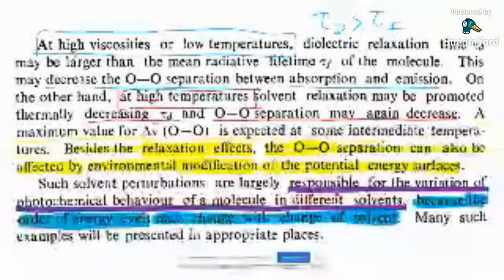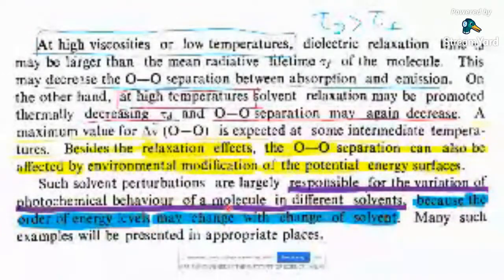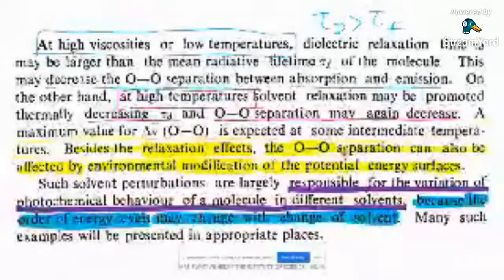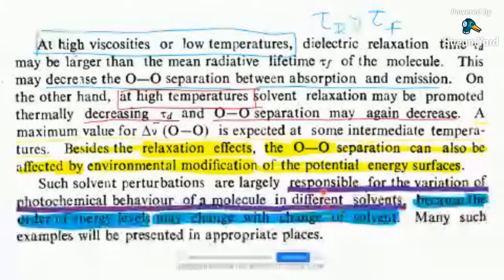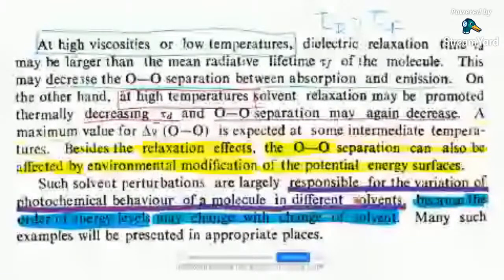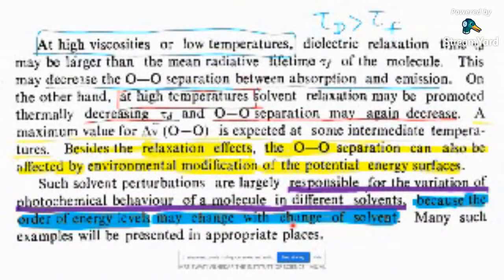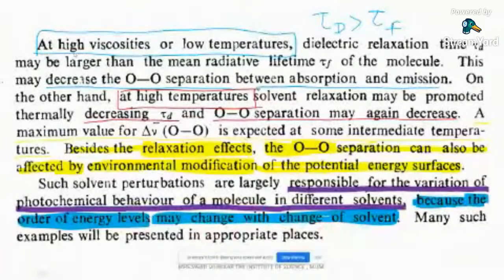So rather than the temperature factors, these are largely responsible for the variation of photochemical behavior of a molecule in different solvents, because the order of energy levels may change with the change of the solvent where the transition is occurring. Many such examples can be presented in the appropriate places.